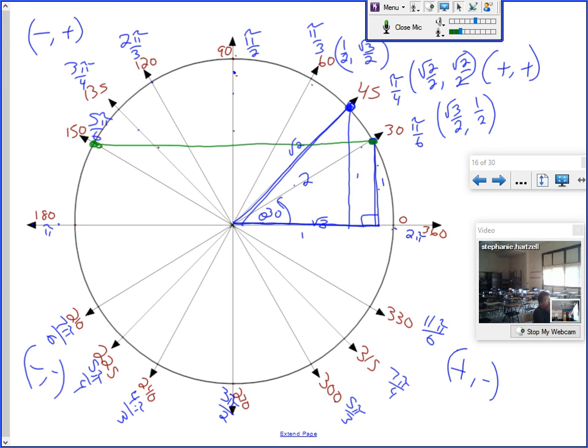So when you get over to here, we have 1/2 as its y value. What do you think its x is going to be? It's going to be negative root 3 over 2, because remember, when you get placed here as a 30 degree, what went negative was my adjacent, my negative root 3. My vertical is still 1. My radius is still 2, as it still goes around. So my sine is opposite over hypotenuse because it's a right triangle. So my y value is still 1/2.